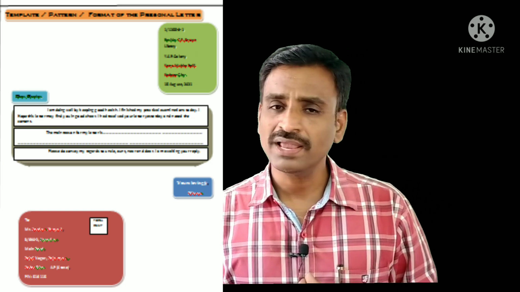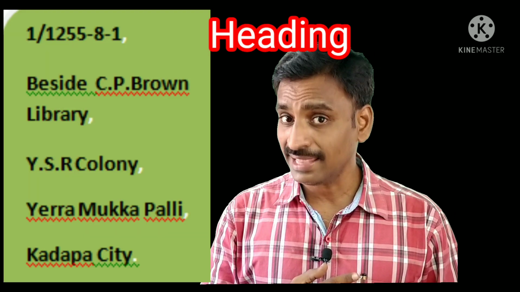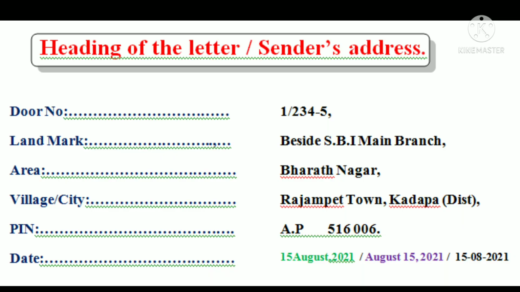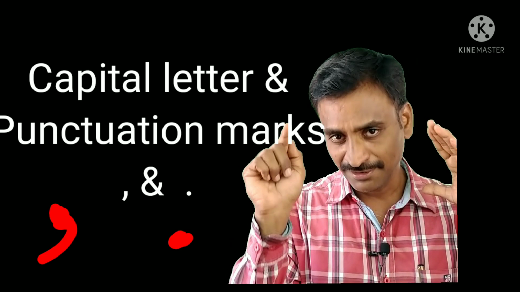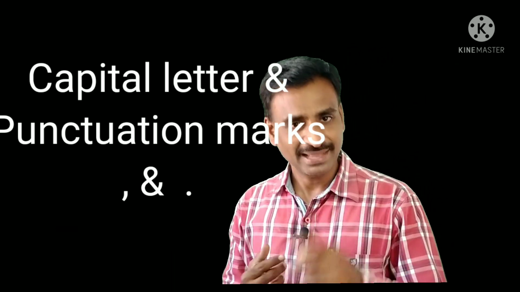In this way we can write the heading, but don't forget the foremost important thing: we need to use capitalization where necessary, and we need to put punctuation marks, especially comma and full stop. So in the heading, we write from door number to date, and we put comma, comma, comma, and at the end we put a full stop. So that is regarding the heading category.